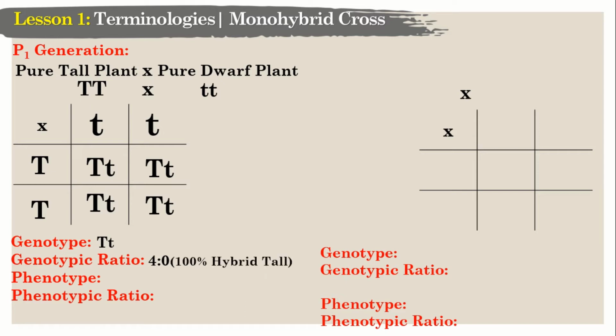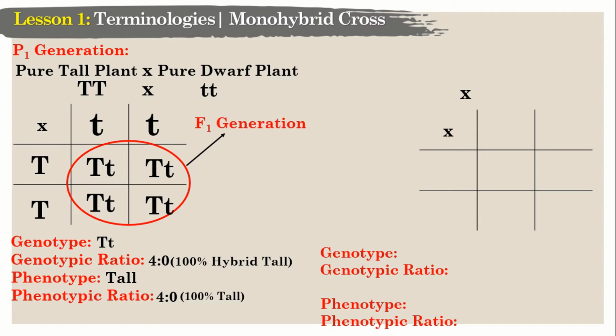Okay, for phenotype. So sabi natin tall and short. Since there would be a dominant gene here, all of these offspring will be tall. Ilan yung tall? So we have 4:0 when we describe 100% tall. Okay, so this gene combination is what we call the F1 generations.